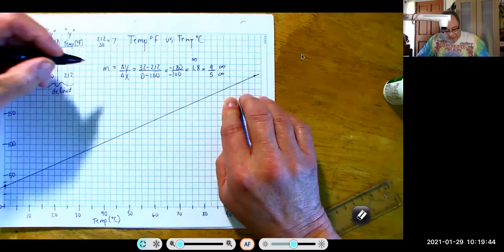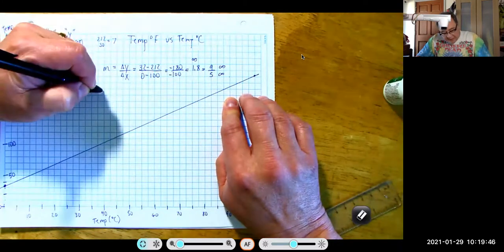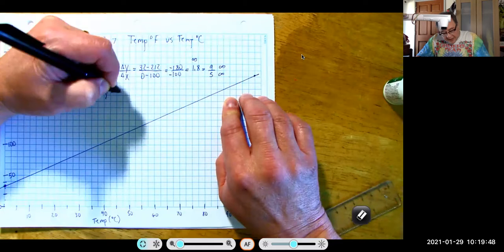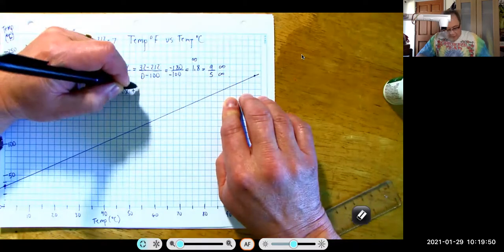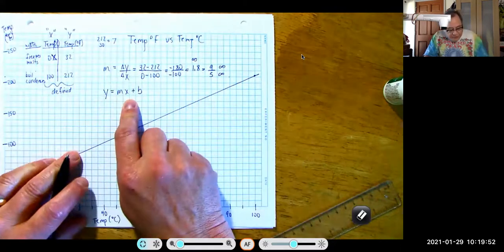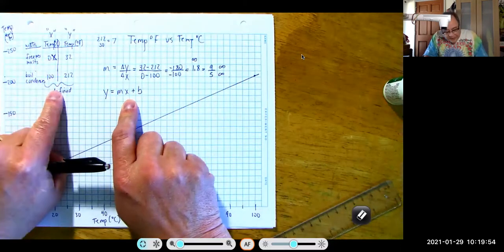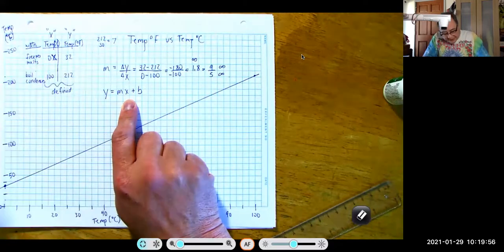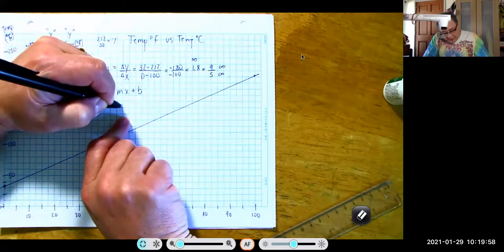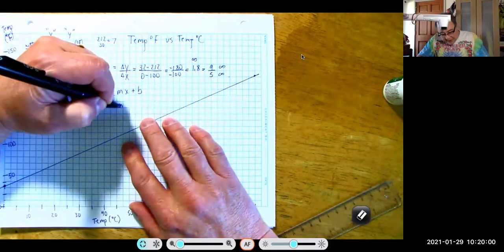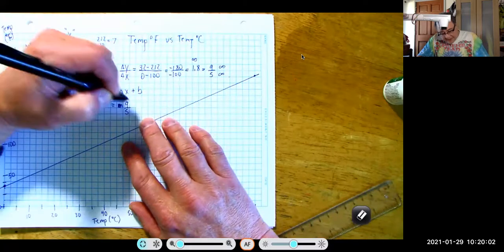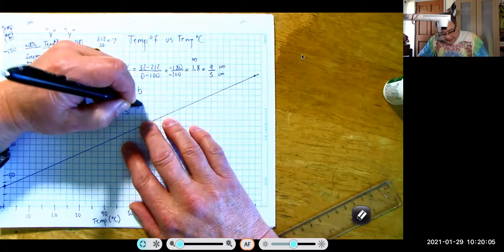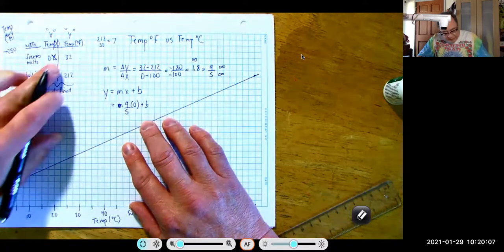All right, the best way to get the b value is to just plug in a y and an x. And for these two values here, this 0.32 makes the most sense. So we know that m is 9/5 now, x is 0, b is equal to 32.